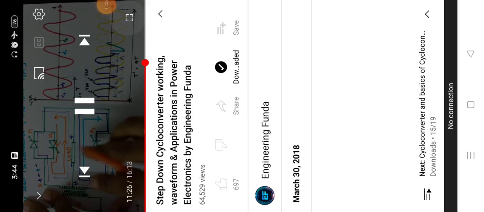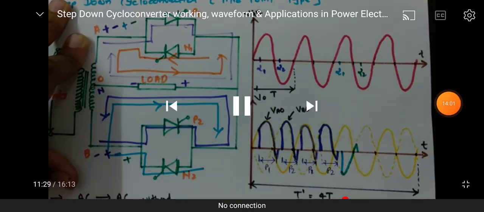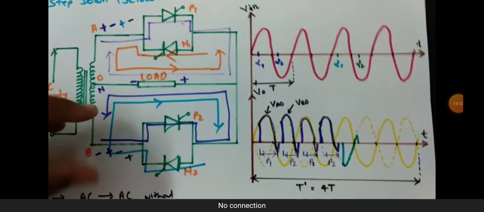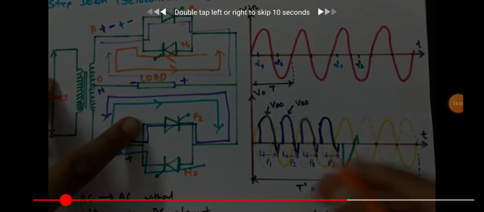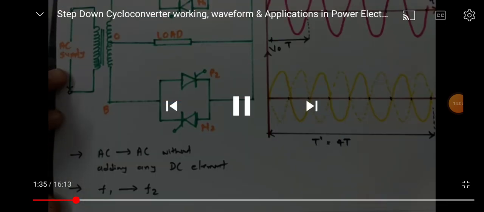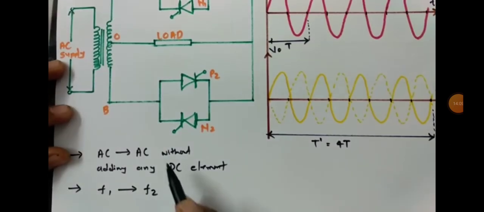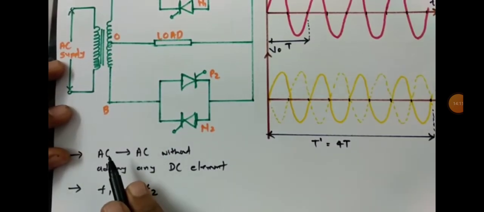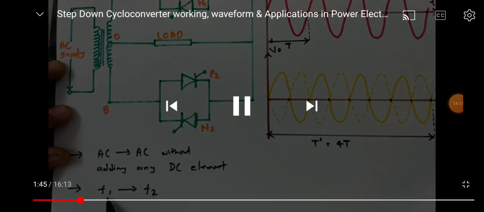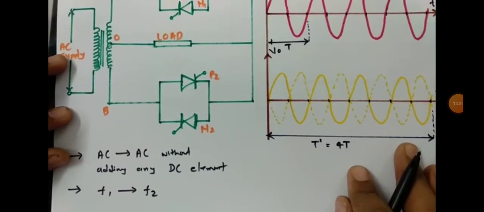So the current direction is in the negative direction to the direction of this current. So using a cycloconverter, that is a circuit which converts an AC signal into an AC signal without adding any DC element, and it converts frequency F1 into F2.